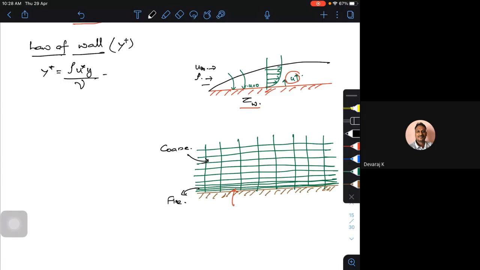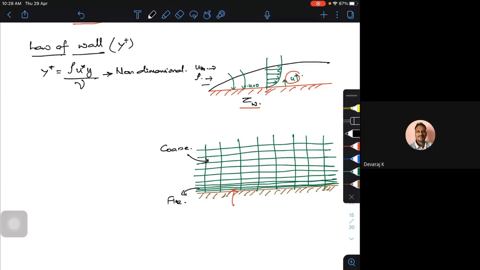This is non-dimensional, and for a turbulent flow condition, the grid condition can be easily evaluated based on this particular y plus.